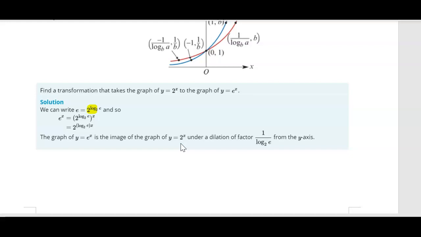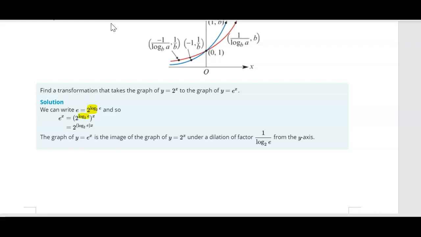So that means e to the power of x, what we can do is also put that in, and that becomes part of our dilation factor. Okay, so you can see, oops, what am I doing? Highlighted the wrong part. This part here. That becomes our dilation factor.